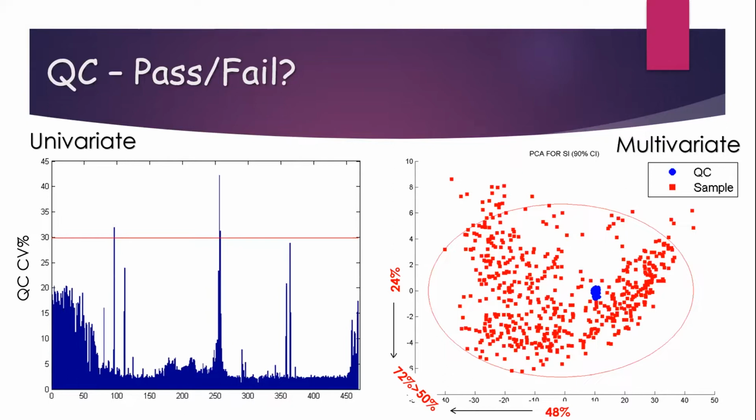This gives you a nice visual way of evaluating the biological variation, that's the spread of the samples, against the analytical variation, the spread of the QCs. If the biological variation far exceeds the analytical variation, then you're good to go. But please check that the total percentage variation explained by the principal component scores plot you're using is at least about 50%.